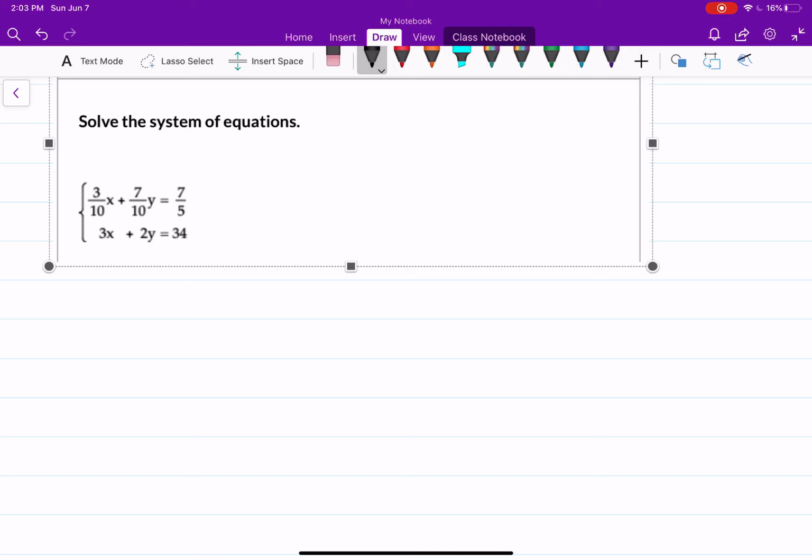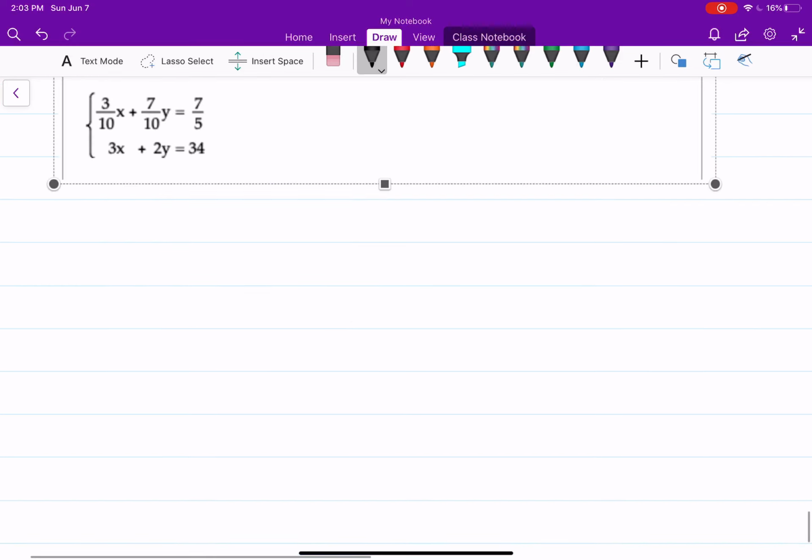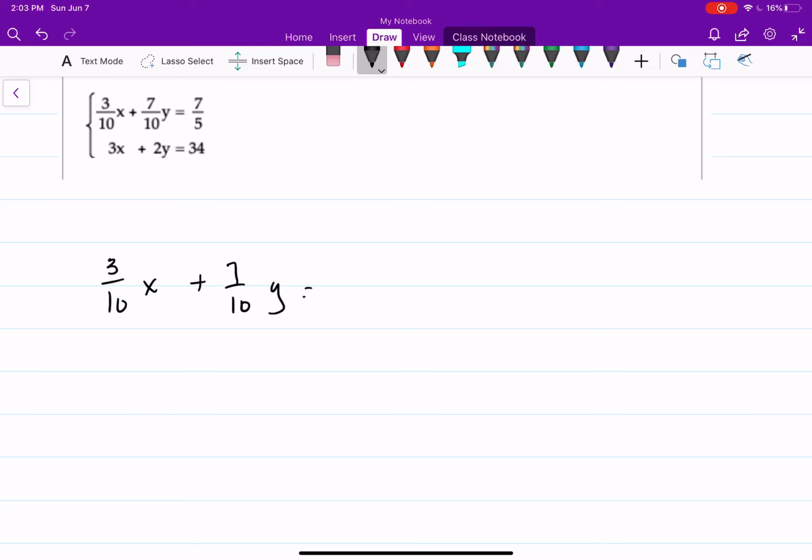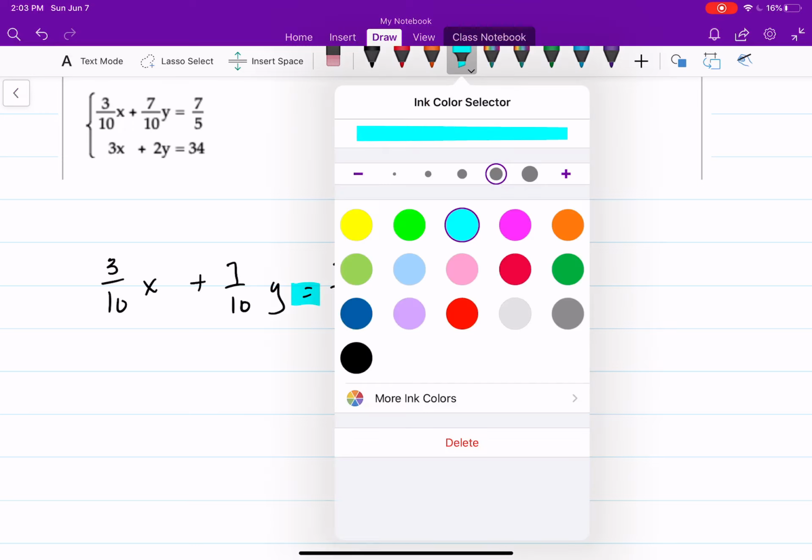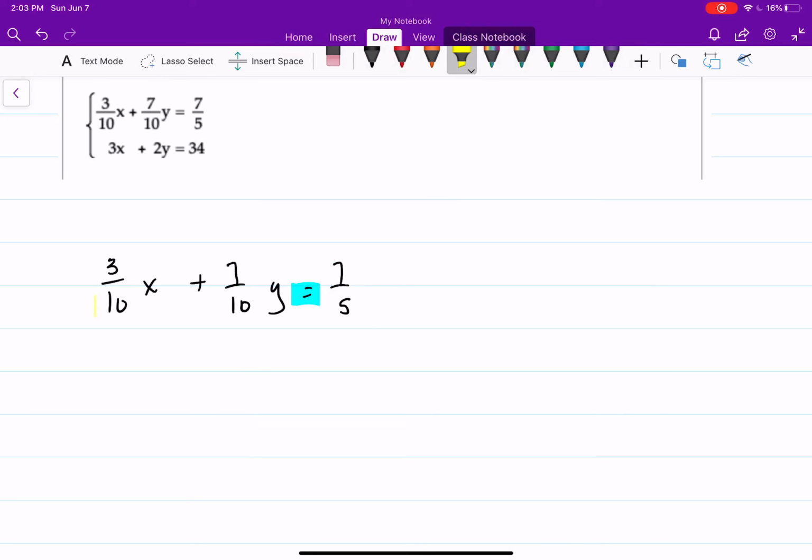But I do let the students know how to get rid of fractions in equations, and it only works with equations, okay? So if I have 3/10x plus 7/10y is equal to 7/5. Because it's an equation, and I know it's an equation because of the equal sign, okay? What I'm going to do is look at the denominators, 10, 10, and 5, and ask, what's my LCD?